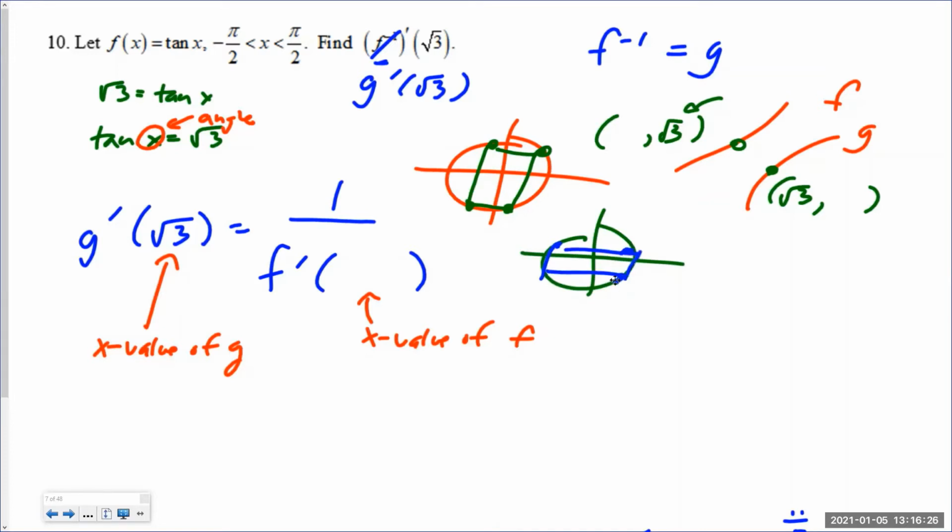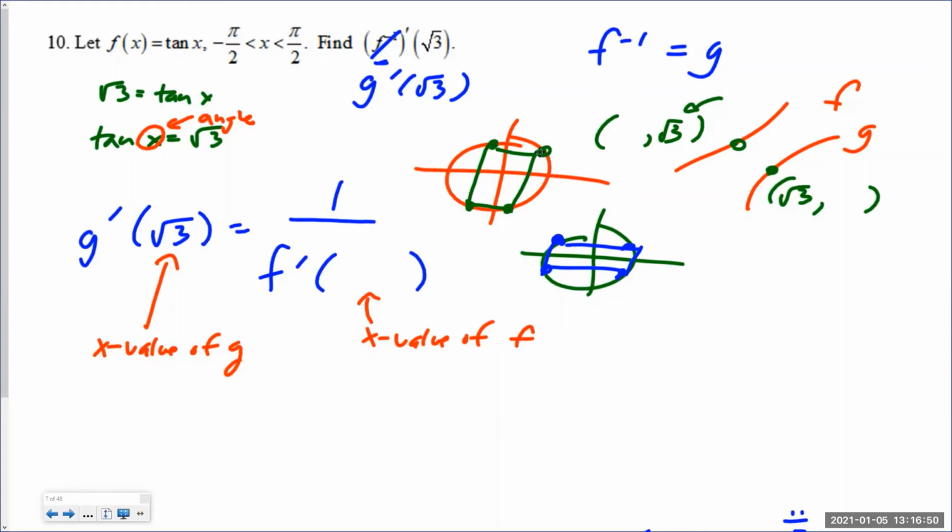These tangent values are square root of 3 over 3, and these are square root of 3. The way I tell the difference is that square root of 3 is tall, and if you divide by 3, you get short. Does that make sense? That's how I remember it.